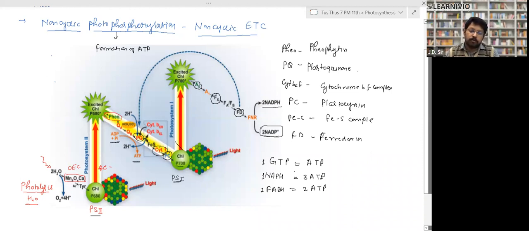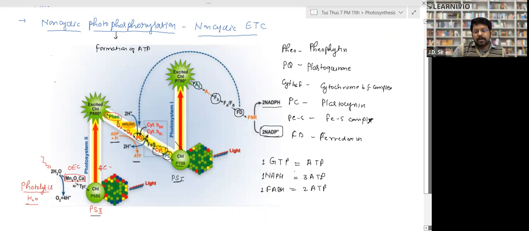So the symbol Pheo is pheophytin, PQ is plastoquinone, cytochrome b6f complex, PC is plastocyanin, FES is the FES complex, and FD is ferredoxin, right?